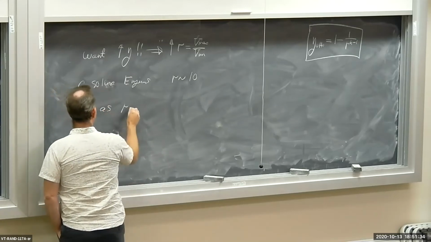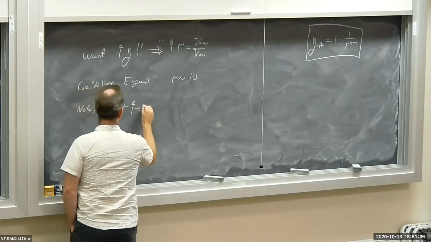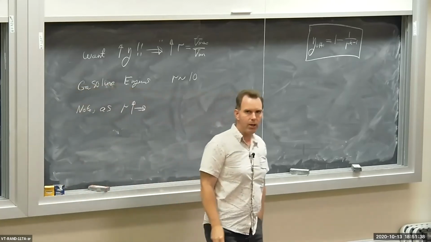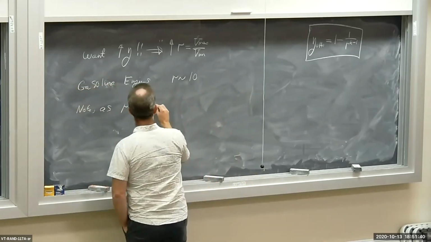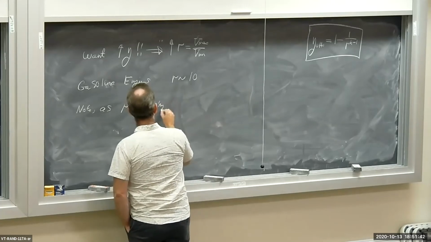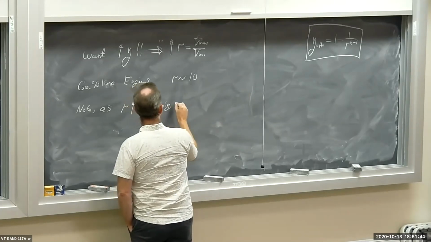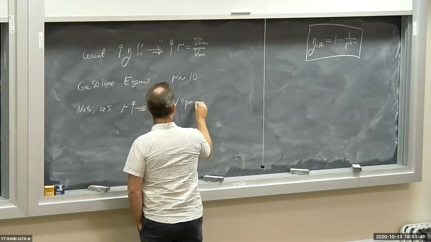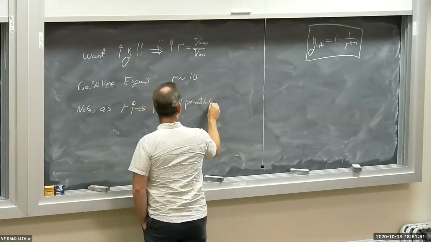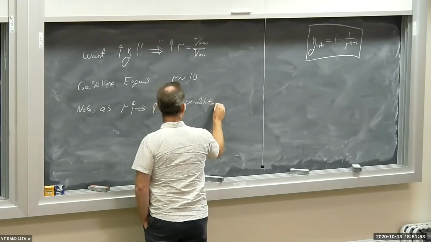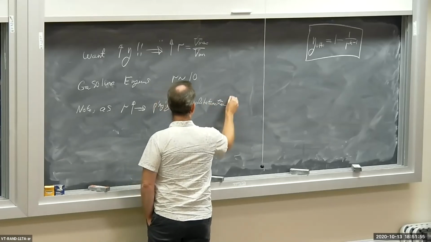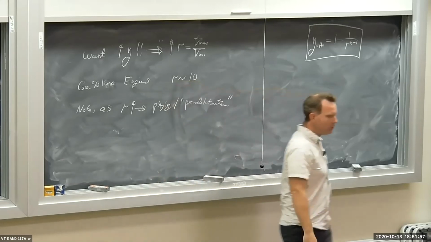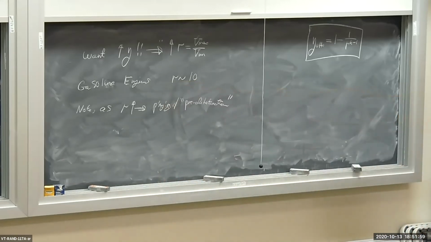as R, the compression ratio goes up, you tend to get what's called pinging or pre-detonation. So it's basically uncontrolled burning of the fuel.